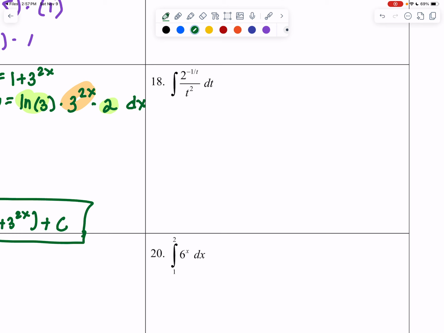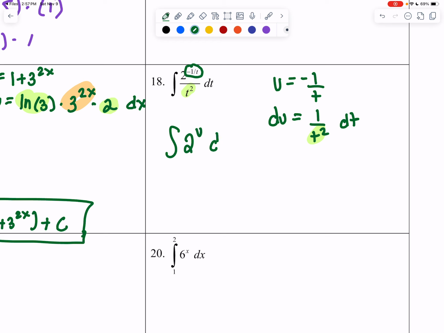Instead, remember, look inside of a function to see if something works. So let's say negative 1 over t, because then the derivative is going to be 1 over t squared dt. And then if I were to do that, the t squared here and the t squared here are going to cancel out, which means that I am left with 2 to the u du.